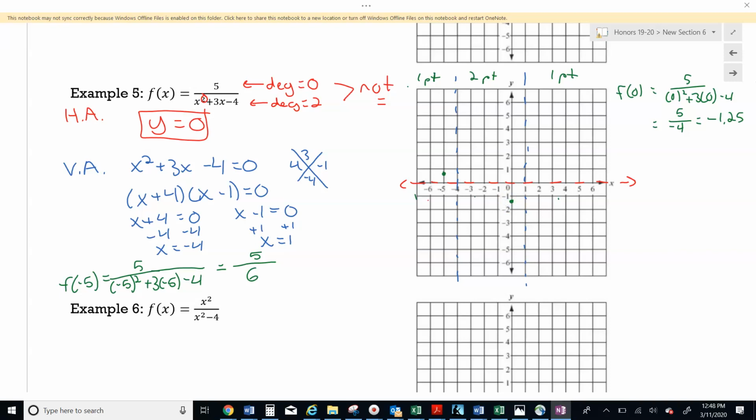And let's choose negative 2. Let's see what's happening there. Okay, negative 2 squared is 4. 3 times negative 2 is negative 6. 4 minus 6 is negative 2. Minus 4 is negative 6.